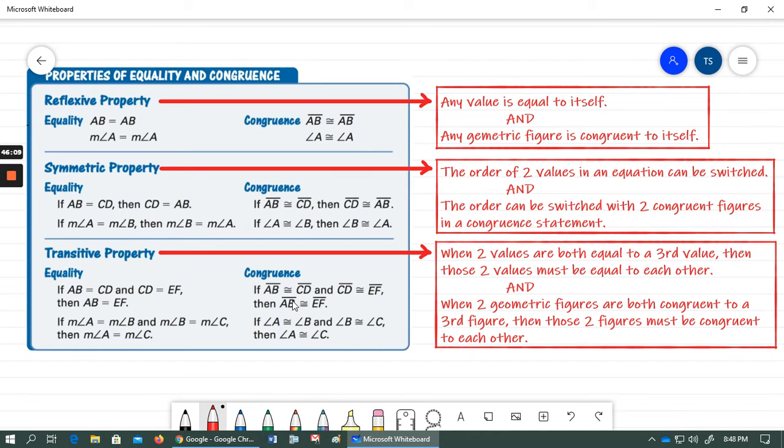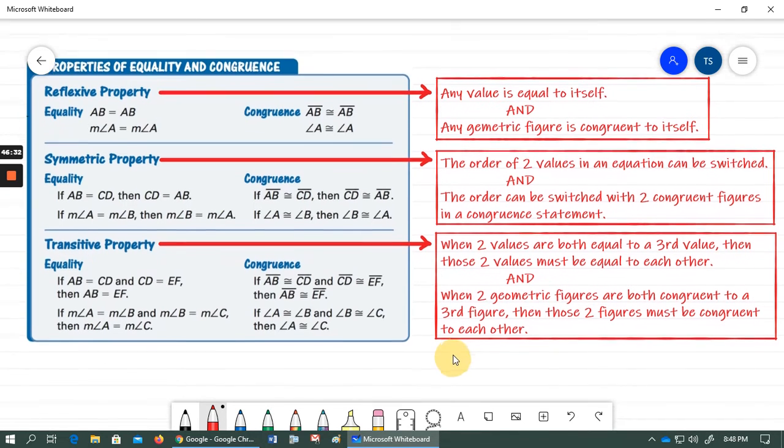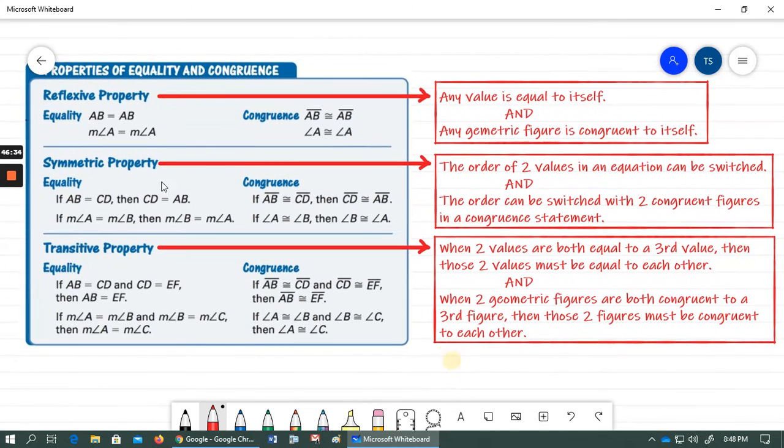And then, of course, it can be used as a congruence property. As a congruence property, what the transitive property states is when two geometric figures are both congruent to a third figure, then those two figures must be congruent to each other. Okay, so hopefully that makes sense. That's as much as I can do to explain it.